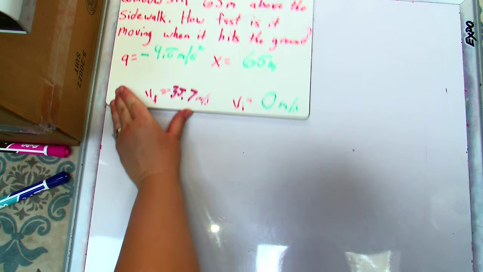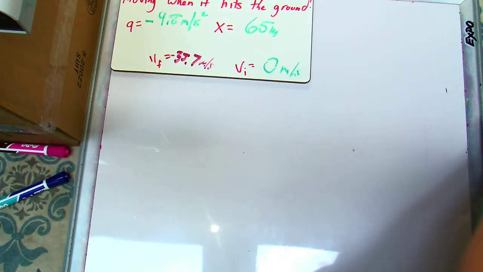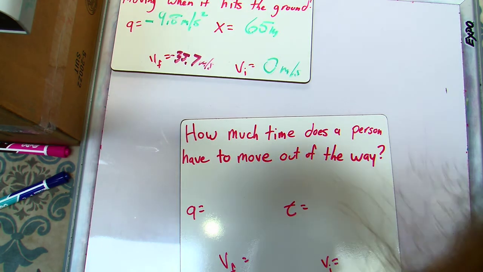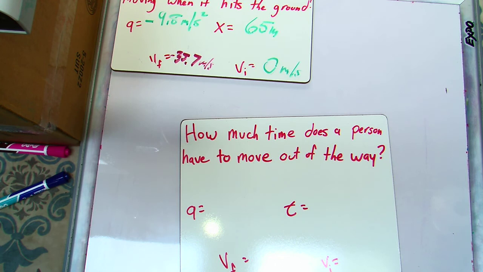I'm going to leave those values there because we're going to continue on with this problem. How much time does a person have to move out of the way? So they see that the flower pot is falling from the windowsill, it's going to hit them. How much time do they have to actually get out of the way?